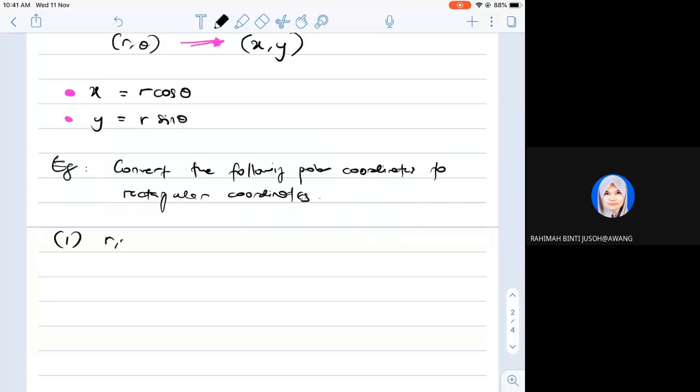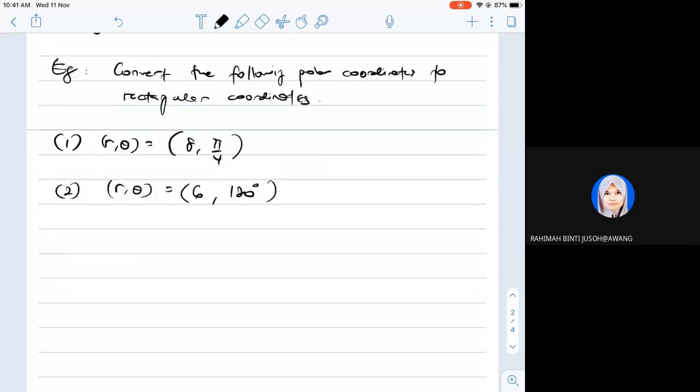We have r, theta equals to, let's say, 8 and pi over 4. And then number 2, r, theta equals to, let's say, 6 and 120 degrees.